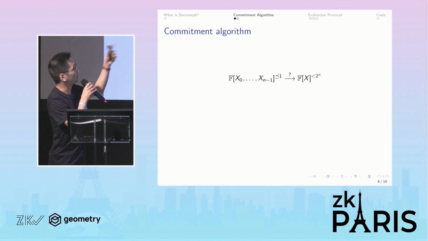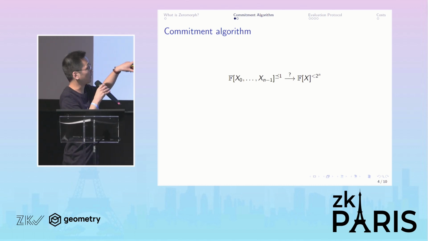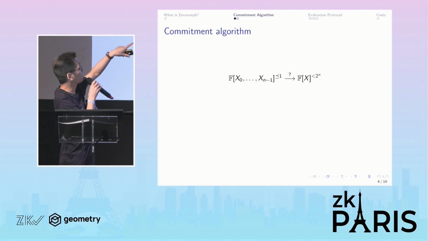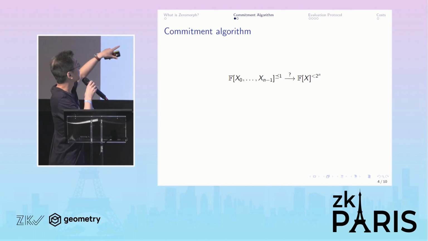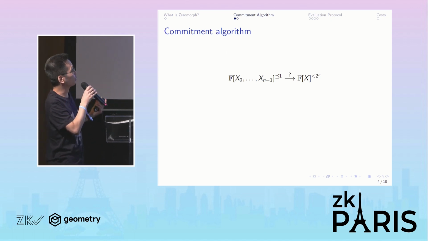Our goal is to make a nice map between them. The two vector spaces are abstractly isomorphic, of course, because they have the same dimension, 2 to the n. So the question is, what is the most suitable isomorphism for our purpose?